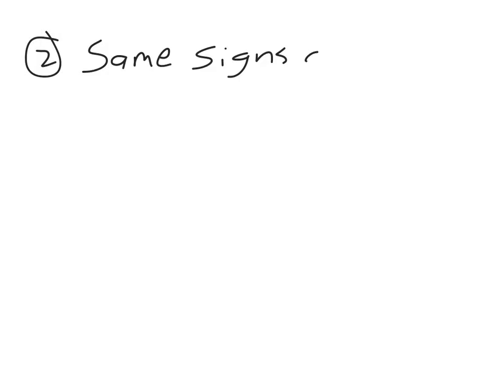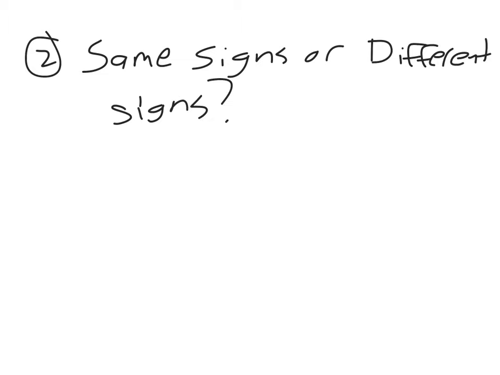Next let's look at step 2. So step 2 is where we ask ourselves the question, do the numbers have the same signs or do they have different signs? Okay, so let's pretend we're looking at a few problems here.